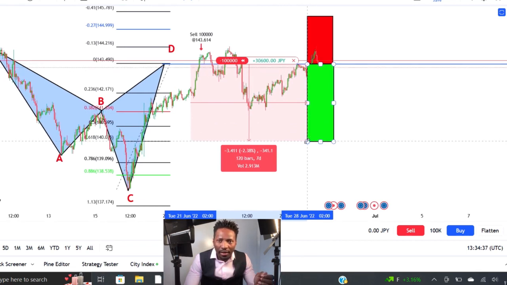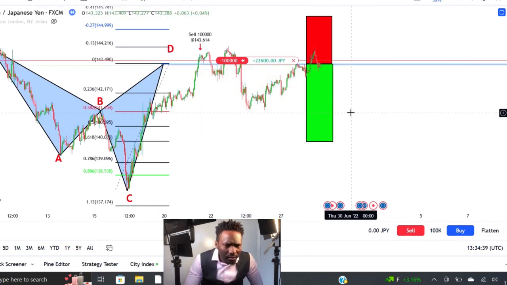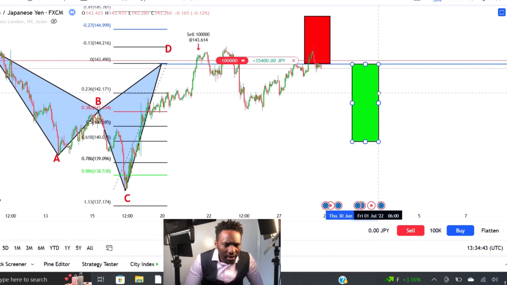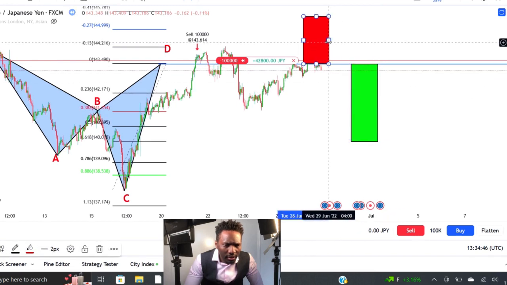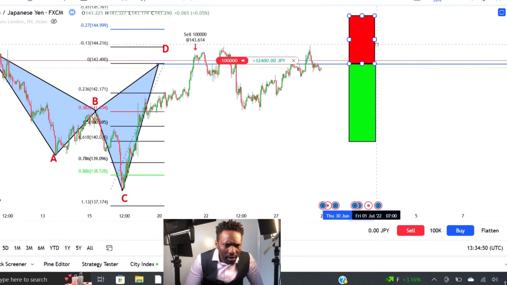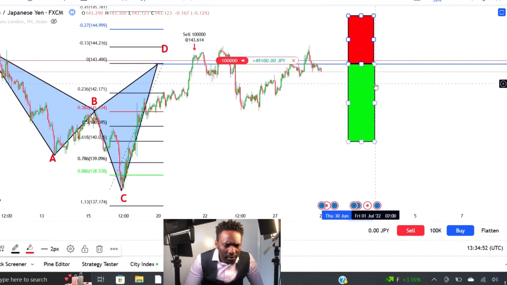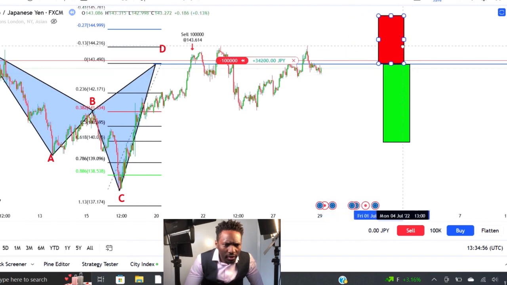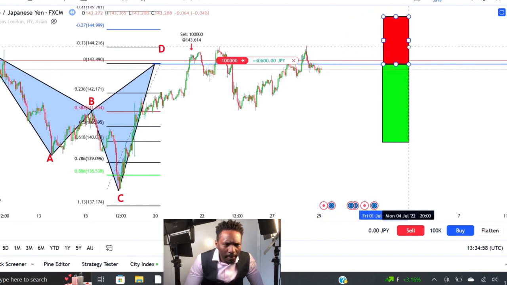You're not halving anything. So I'm just going to slightly move this out of the way, because I do see that the market is kind of big. I didn't expect it to last this long before heading to my target. So I'm going to just move that a little bit further.